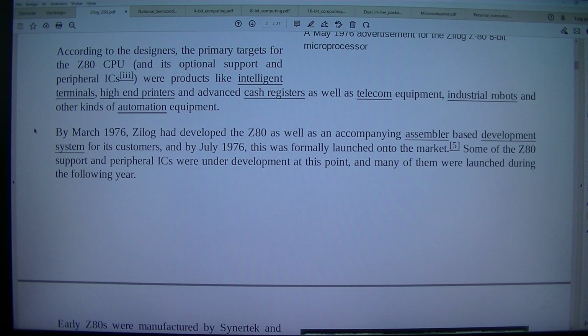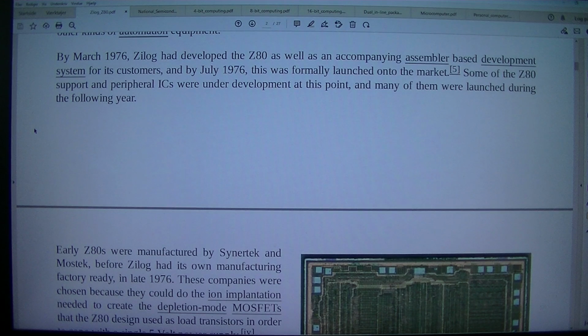By March 1976, Zilog had developed the Z80 as well as an accompanying assembler-based development system for its customers, and by July 1976, this was formally launched onto the market.